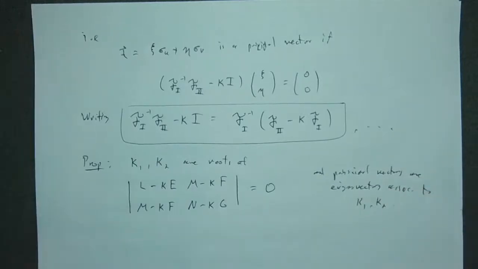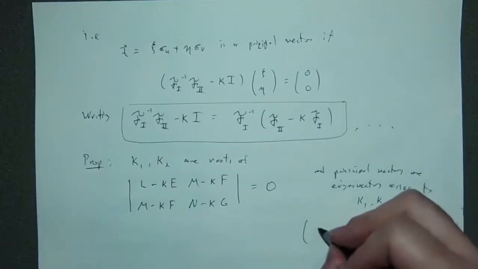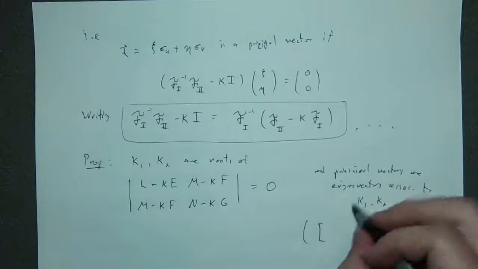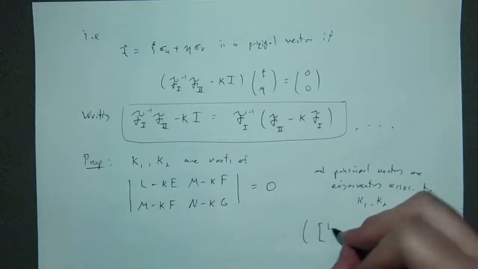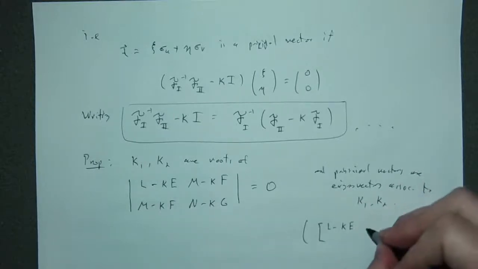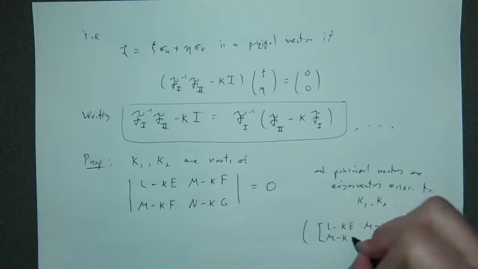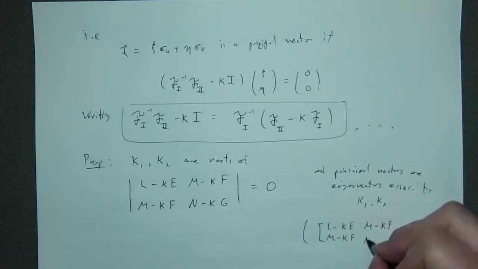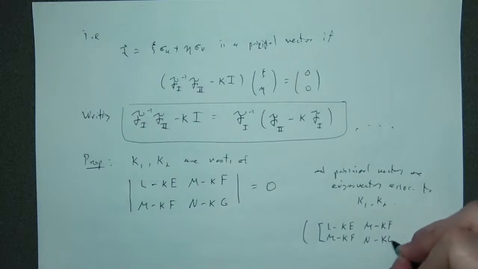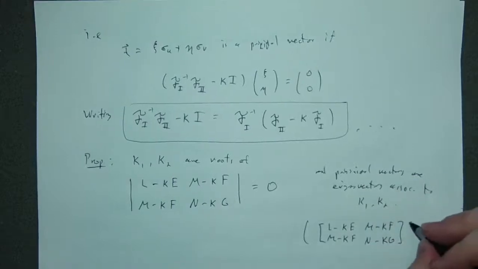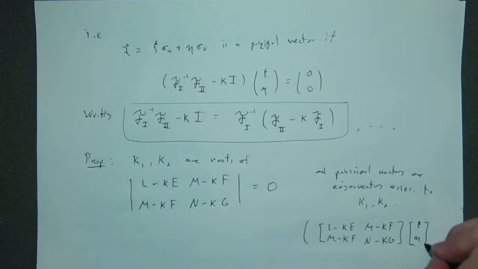Meaning that if I write out that whole expression, the matrix with rows (L minus kappa E, M minus kappa F) and (M minus kappa F, N minus kappa G) times the vector (xi, eta) is equal to (0, 0).